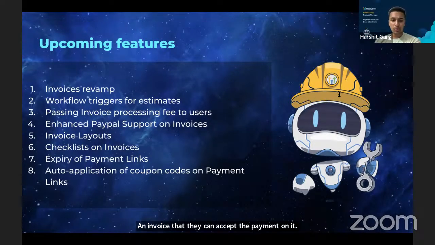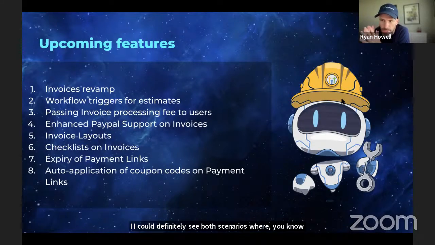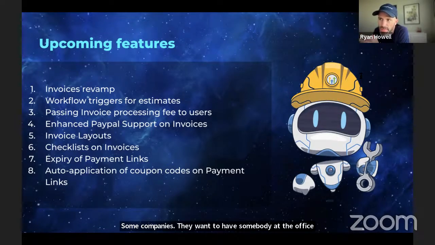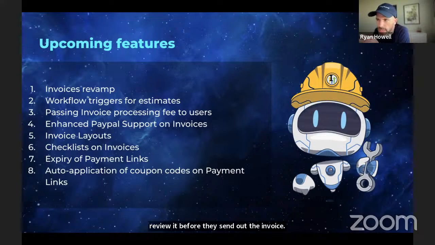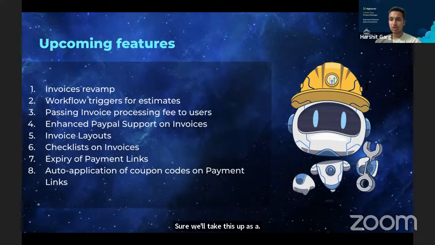I could definitely see both scenarios where they accept the estimate and then maybe some companies want somebody at the office to review it before they send out the invoice, and other companies would just want it to auto send. So a toggle setting would probably be the best approach there. Correct. Sure, we'll take this up as a subsequent feature for sure.